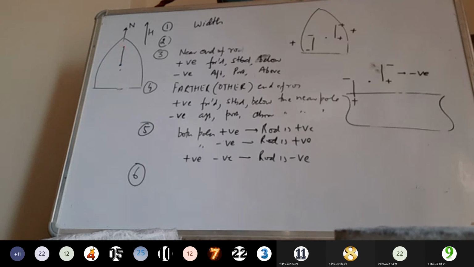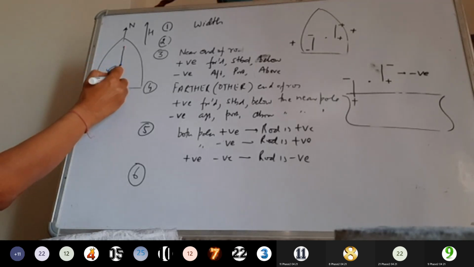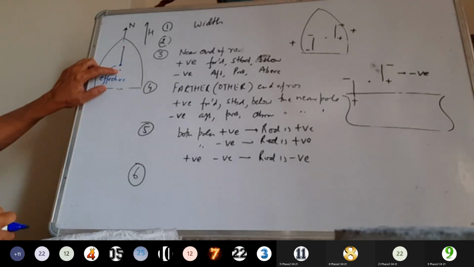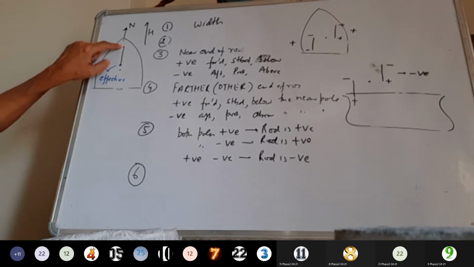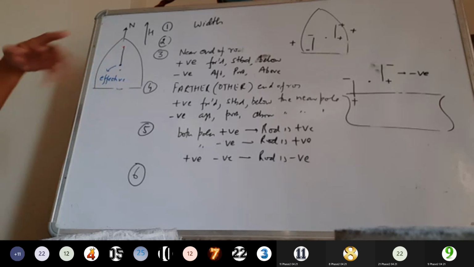So when we say the last convention, the rods are considered to be of infinite length, it means basically that only this pole we will consider effective at the compass position, and this pole we will ignore for the sake of having an effect on the compass position.